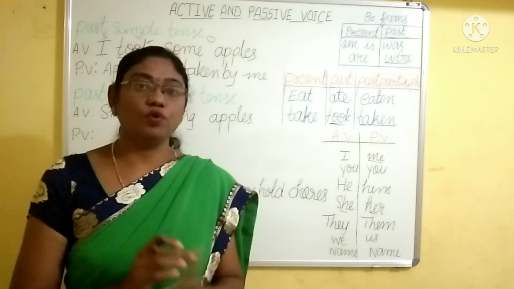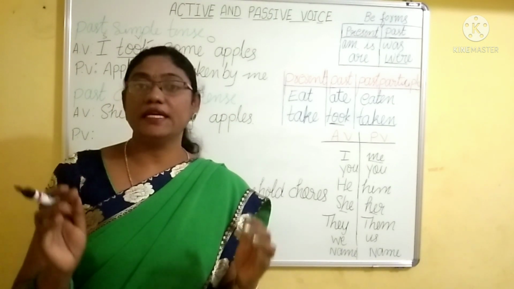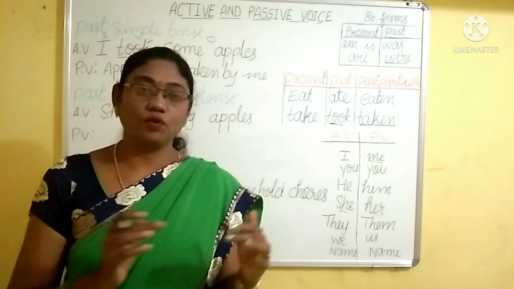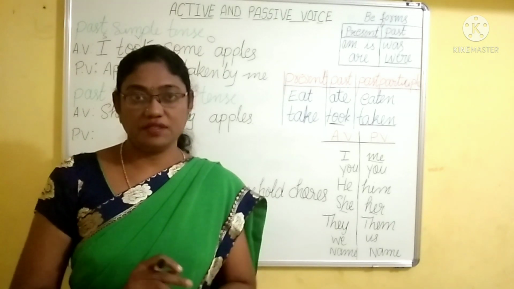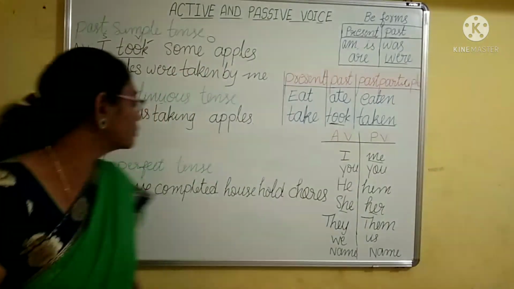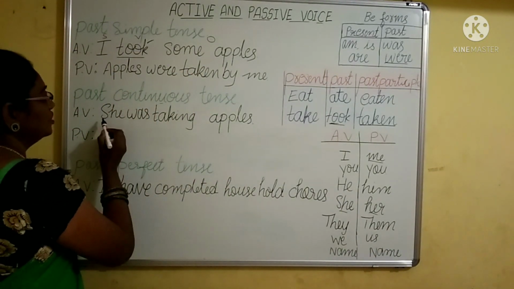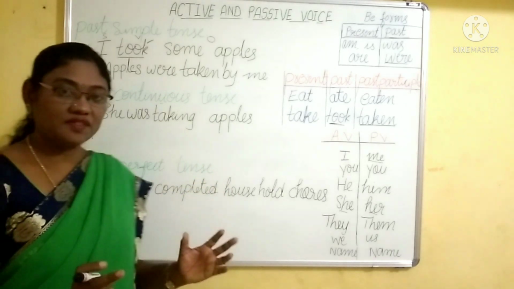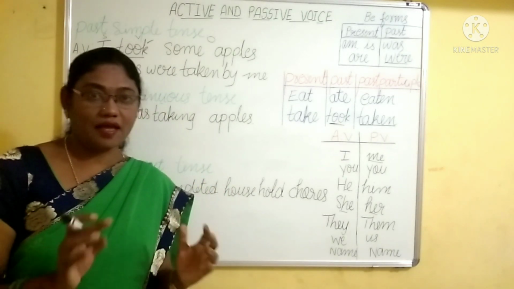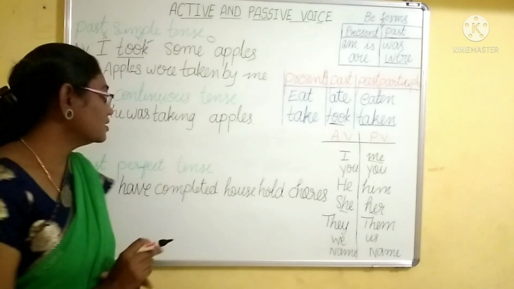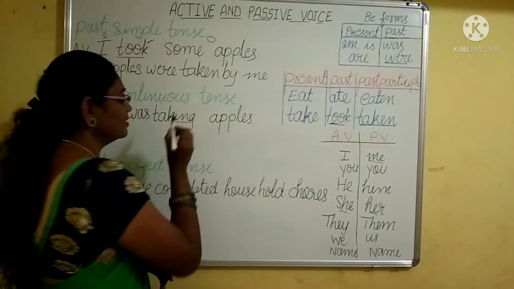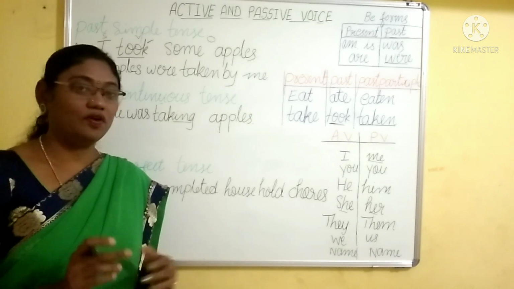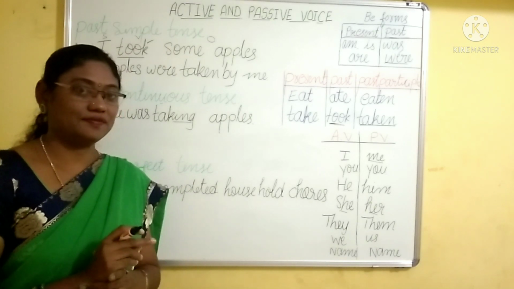Now let's move on to past continuous tense. How do we change that active voice sentence into passive voice? Okay. She was taking apples. See, ing is a big clue for continuous tense.